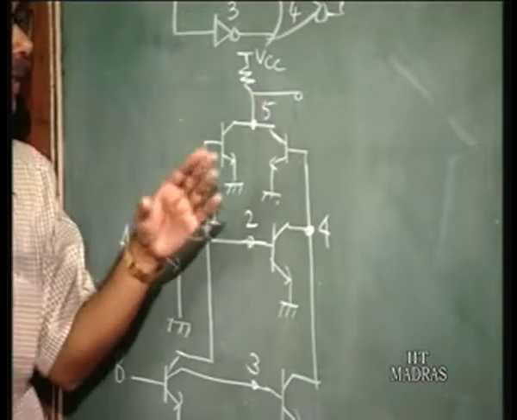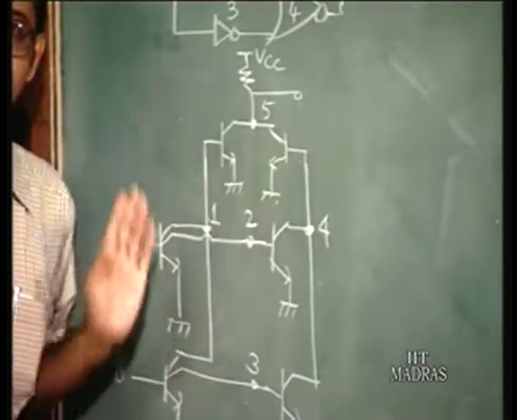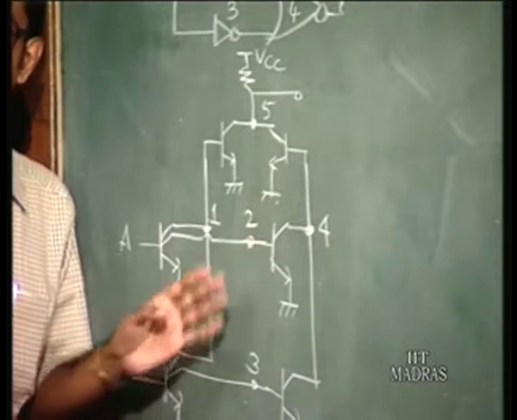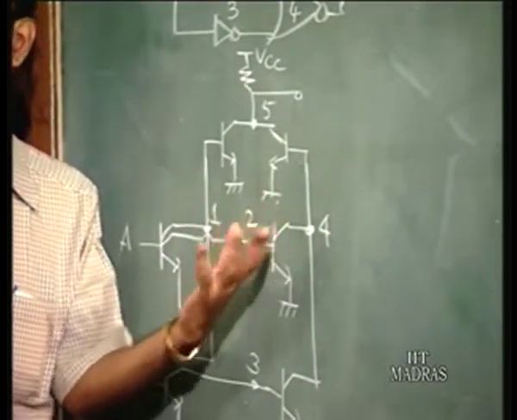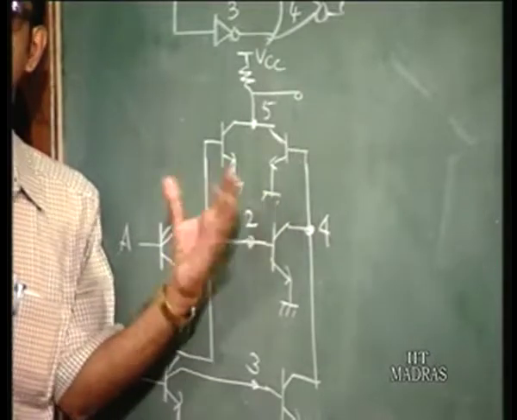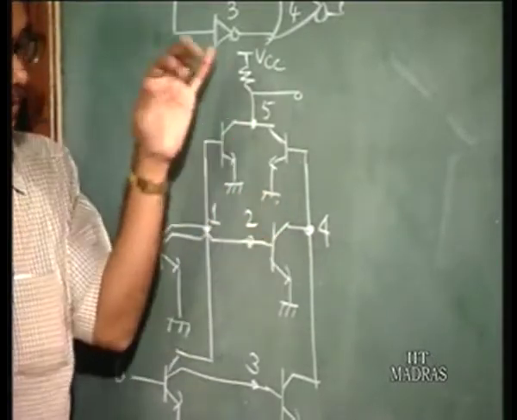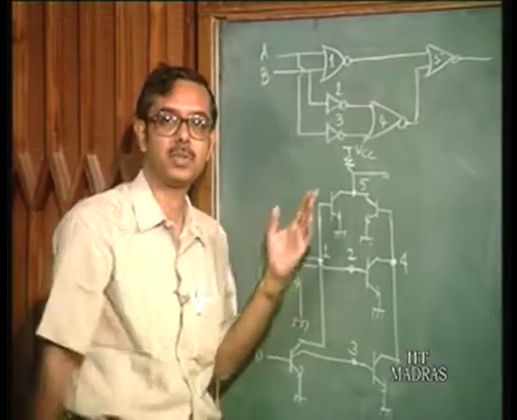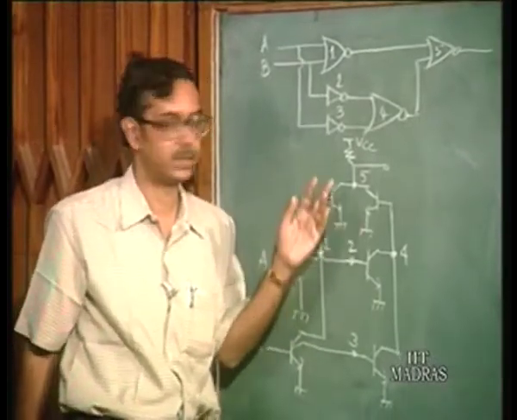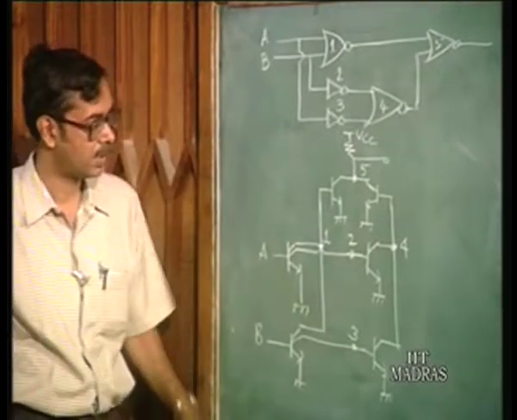Internally, in I squared L, the voltage levels at each node just change from 0.2 to 0.7 or 0.8 volts maximum. Whereas if you want to take it out for external connection, you would like to have proper voltage levels, and you can do that this way.